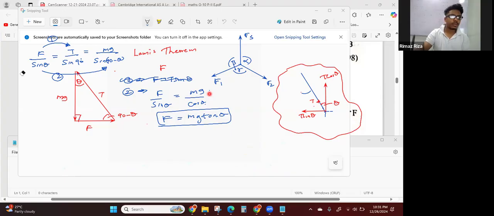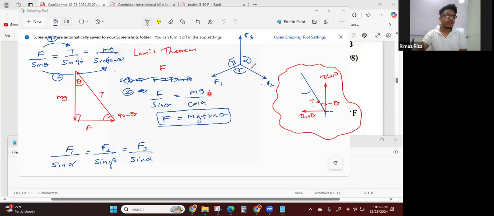F1 over sin alpha equals F2 over sin beta equals F3 over sin gamma. So this is Lami's theorem.